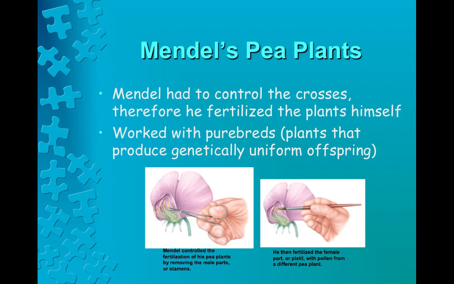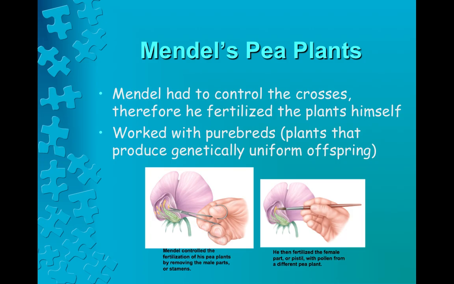He recognized that he needed to not only control the crosses he was creating, but also needed to start off with what we now talk about as purebred plants. So what does that mean? If we're talking about a purebred plant, that means every time I make the next offspring, it will give me the exact same trait. There is no variation from it, because that plant doesn't have an option to give any other characteristic.